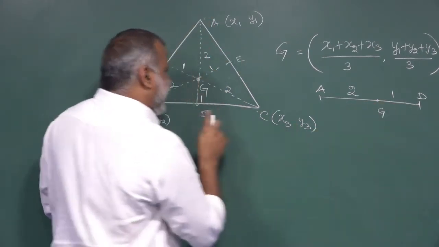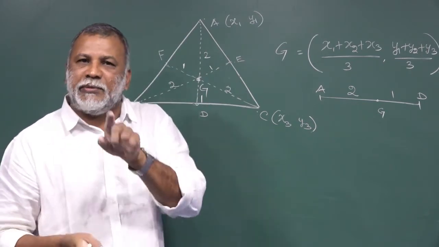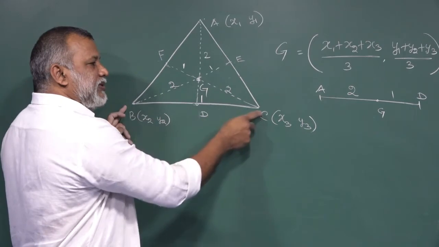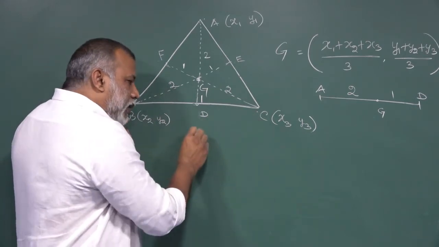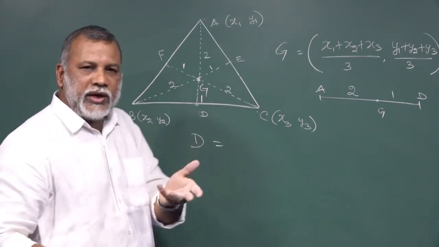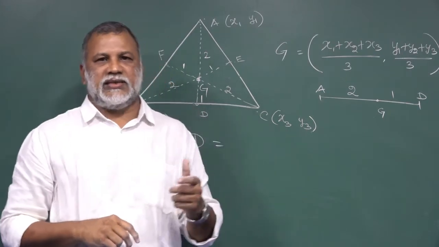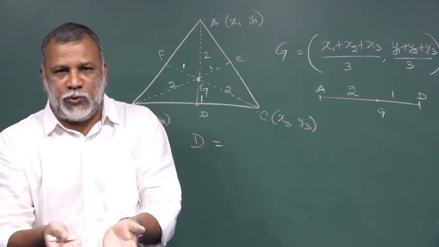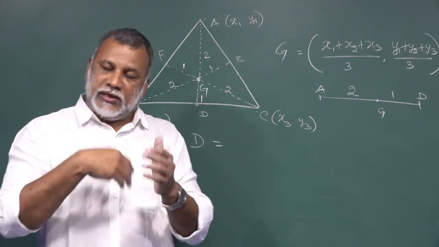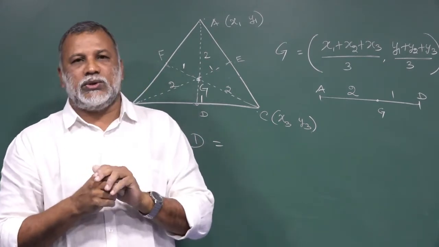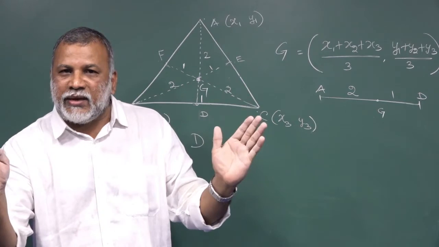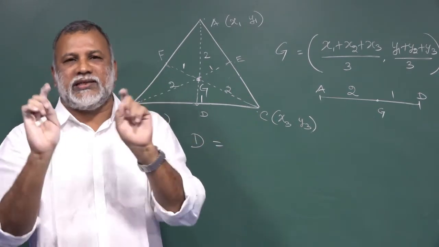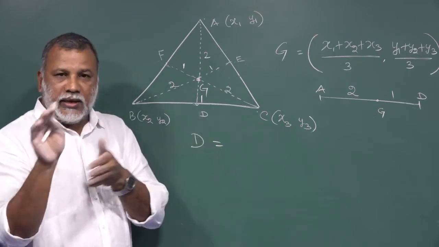What is the meaning of D here? As I just explained, D must be the midpoint of this side, BC. What is the formula we use to find it? In the previous class we discussed it: instead of m:n, using 1:1, we get the midpoint. P divides the line segment in the ratio 1 is to 1, then we get the midpoint.